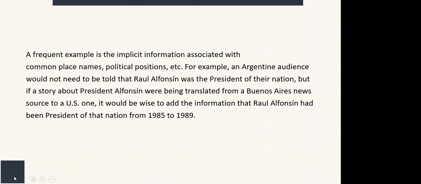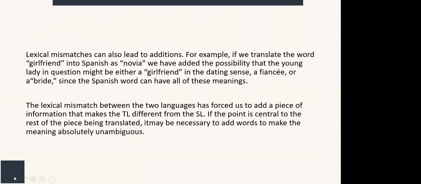So just to give an example, an Argentine audience would not need to be told that Raúl Alfonsín was the president of their nation. But if a story about President Alfonsín was being translated from a Buenos Aires news source to a U.S. news source, then it would be important to add information about who Raúl Alfonsín was. Otherwise, this is meaningless for target language audiences.